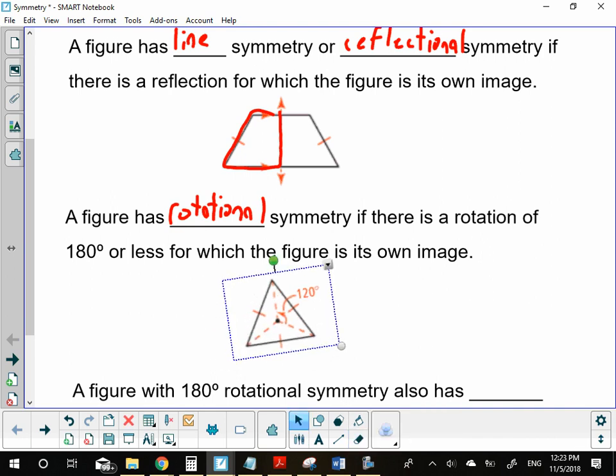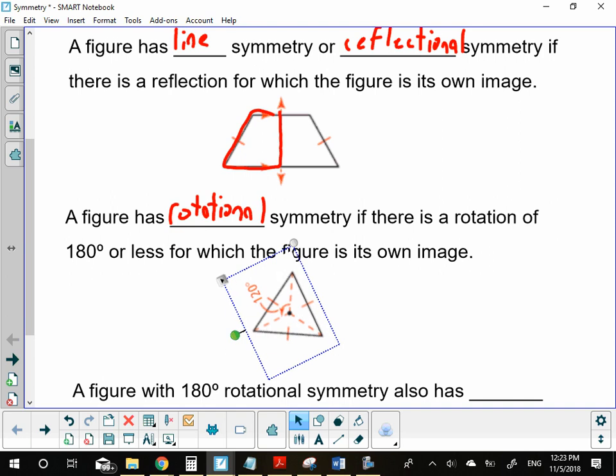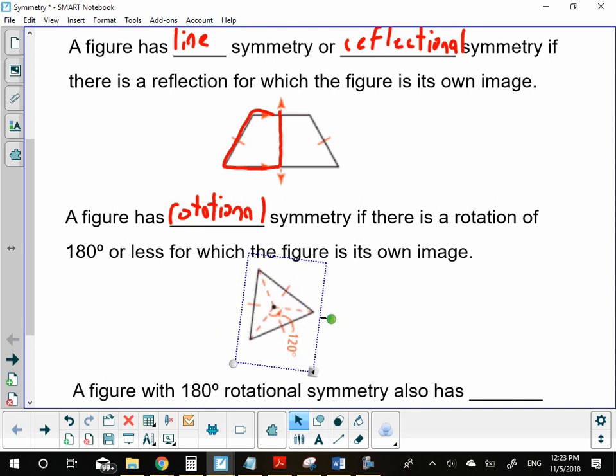If I rotate it under 120 degrees, I end up getting what looks to be the same triangle. I could flip it around again, but that would be 240 degrees, same triangle, but since it's more than 180 degrees, that doesn't count. So I can only say that has 120 degree rotational symmetry.